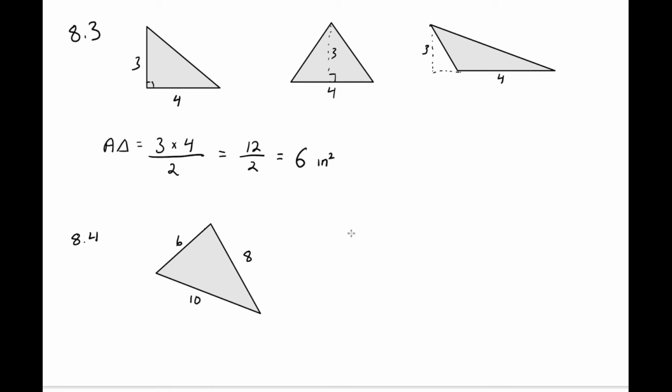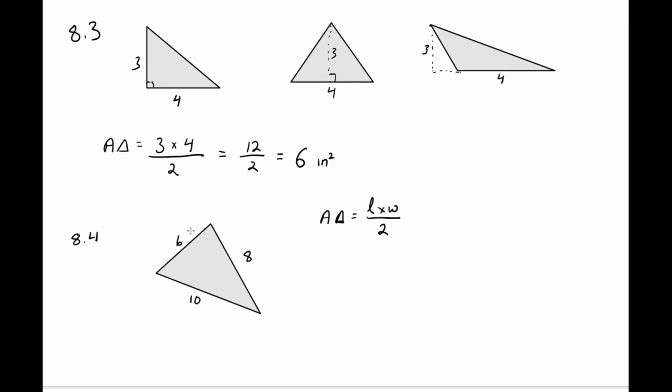All right, and we need to find the area of this triangle. So the area of this triangle equals length times width, or you could call it base times height, either one, divided by 2. It's the same thing, means the same thing.